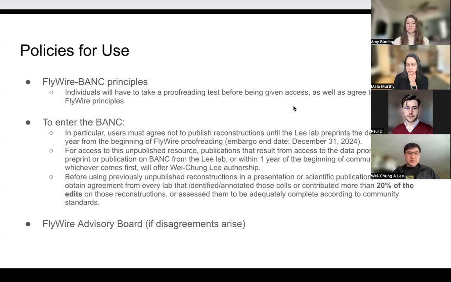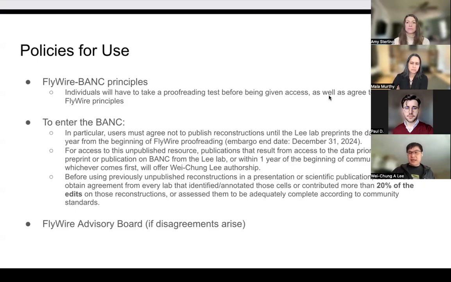As with original FlyWire, individuals will take a proofreading test before being given access to the data. And then there's three main differences between access to the bank as compared to normal FlyWire. Because it is unpublished yet, we ask that people do not publish reconstructions until our lab publishes or preprints the dataset, or essentially a year from the beginning of when FlyWire began proofreading.